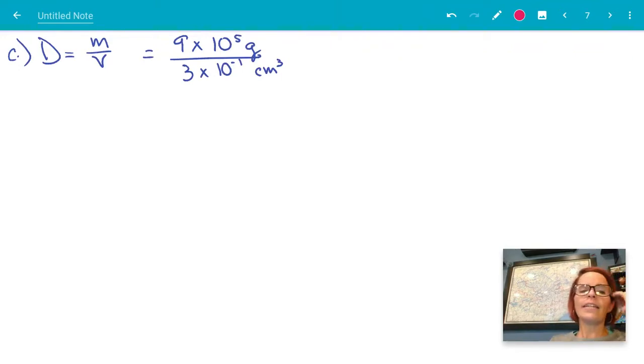Okay, density, remember, is mass over volume. So this is a little bit confusing. This is the same as a milliliter. So that is correct. It's in the correct units. So we do 9 times 10 to the 5th over 3 times 10 to the -1. And again, because this is multiplication and division, we do not have to worry about the exponents being the same.